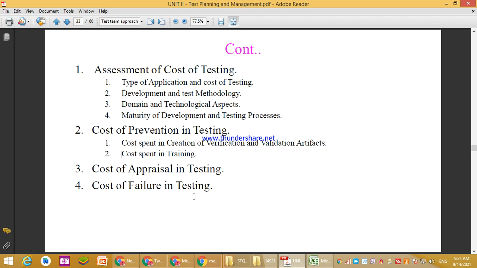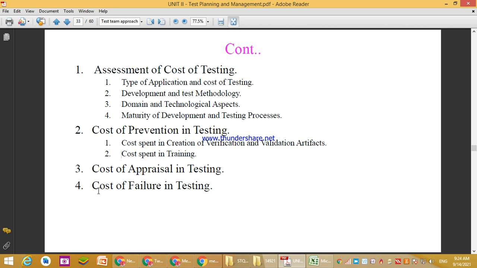Then cost of failure in testing. Sometimes when we follow some particular path for the testing, at some point the testing team understands, oh, whatever we did up till now is completely in the wrong direction, and after that they start a new direction for the testing.